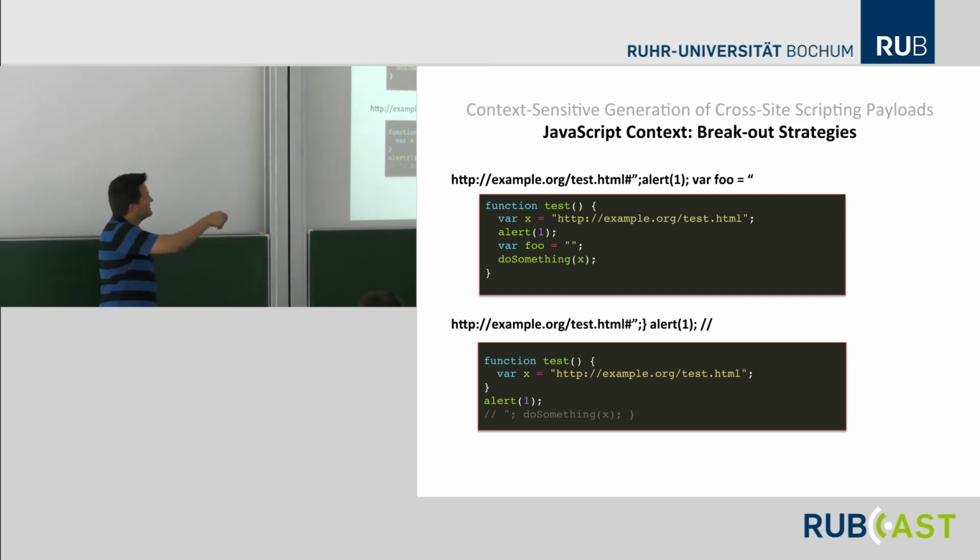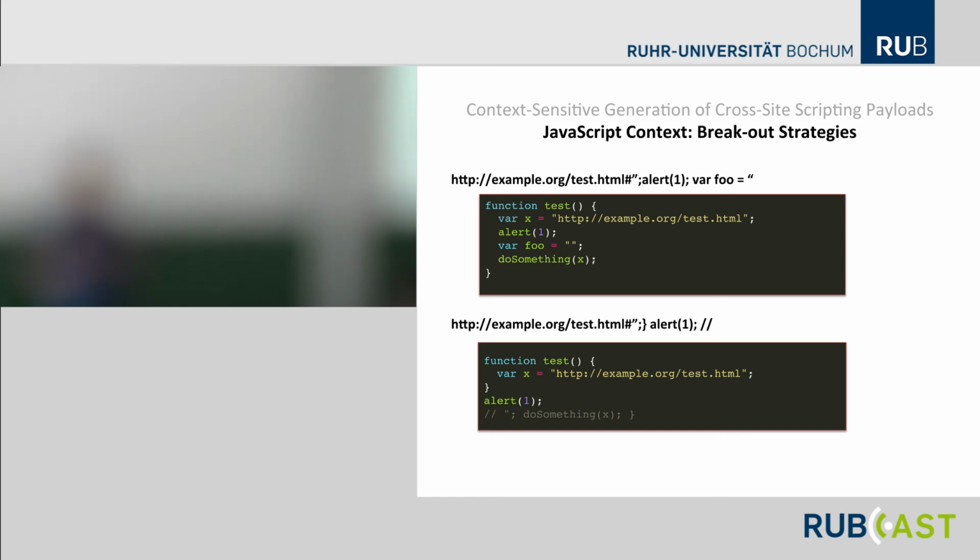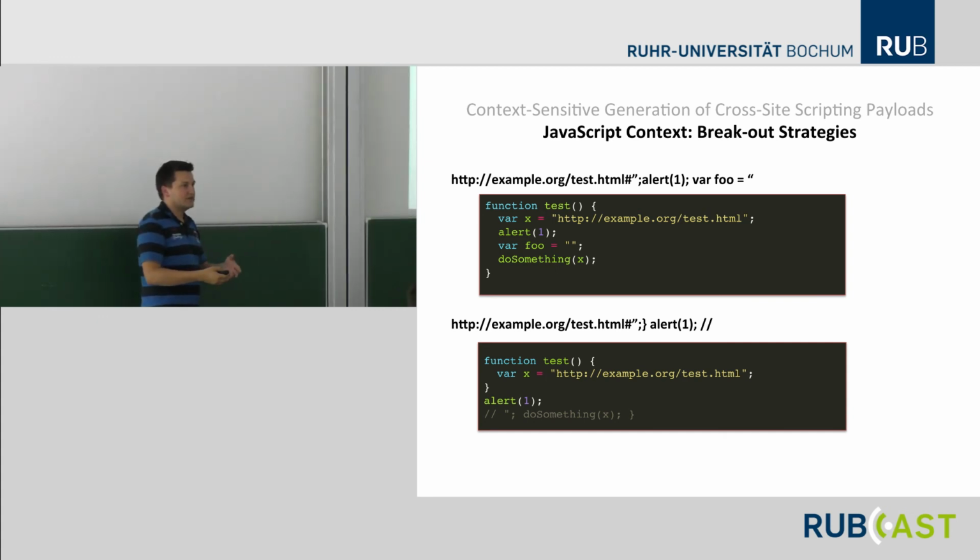The problem with just breaking out of the variable and immediately inserting the payload is that the payload is in the function test. So whenever we want to get the JavaScript executed, we somehow need to make the application execute this function, right? And we don't know if this ever happens without extensive user interaction.